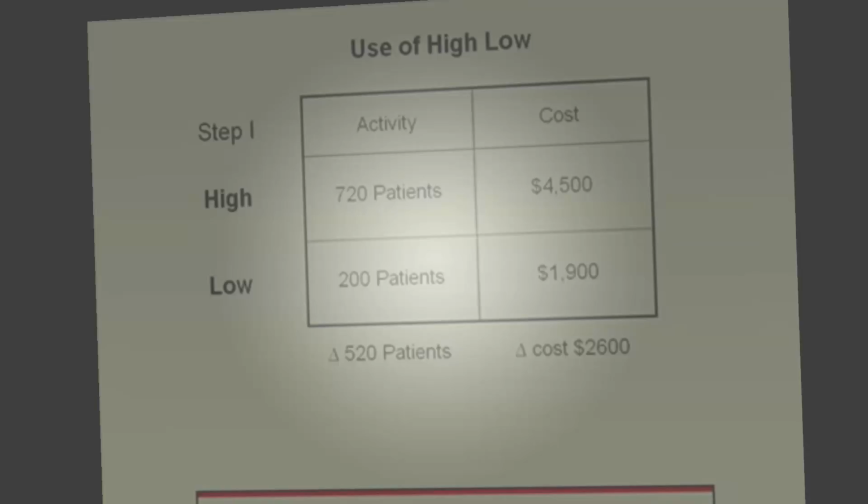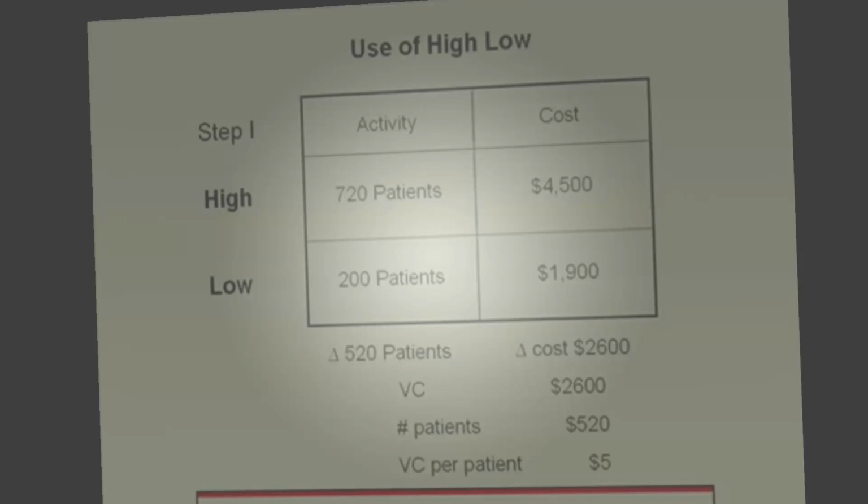Let me repeat, only variable cost changes with an activity. So the variable cost is $2,600 for a change of 520 patients. So the variable cost per patient, if you divide it, it's $5.